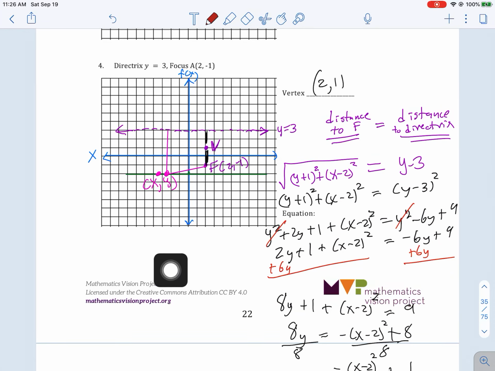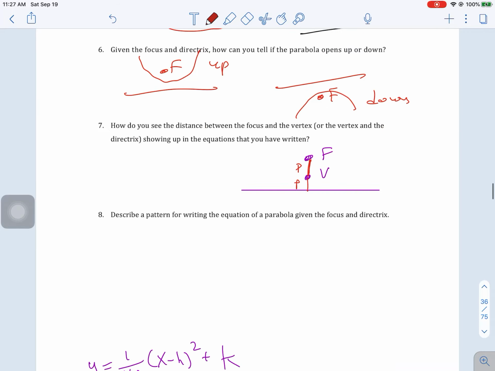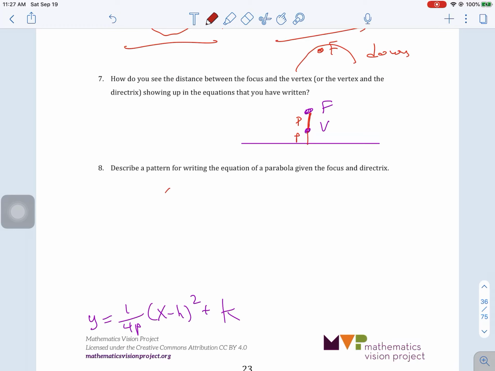The distance in the next one over here, f minus v, is negative 2, and so therefore negative 2 times 4 is the negative 8 in the denominator here. Okay, so it's actually 4 times p, and that is the denominator, believe it or not.